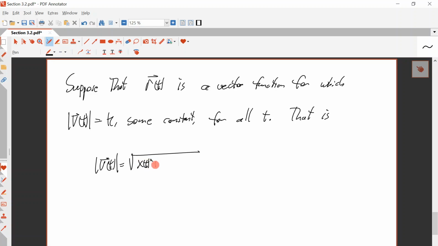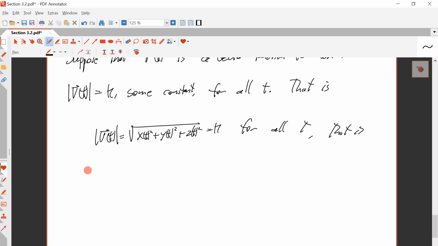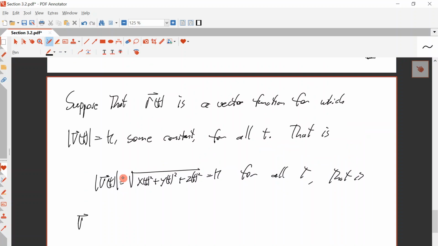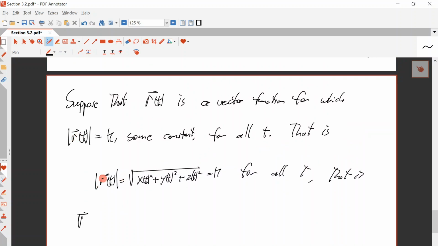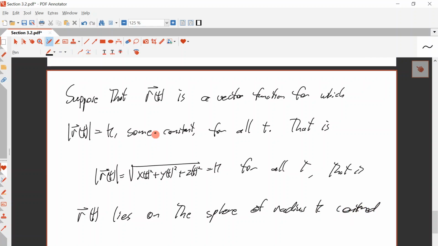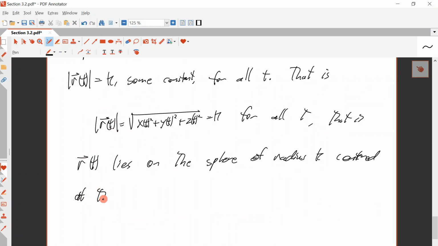That is, r of t lies on the sphere of radius k, centered at the origin.